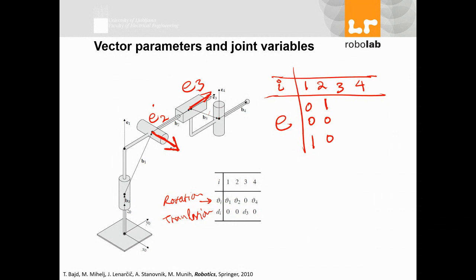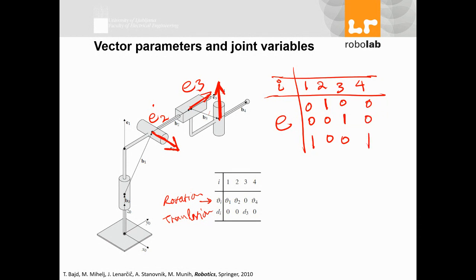Is it in the direction of X, Y, or Z? In the direction of Y, 0, 1, 0. And for the last one, 4, it is in the direction of Z again, so 0, 0, 1.